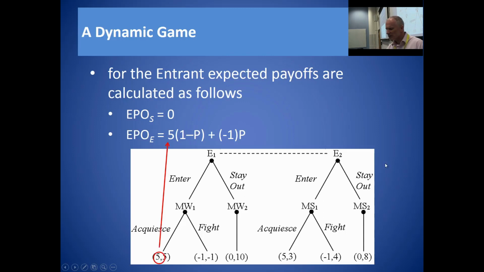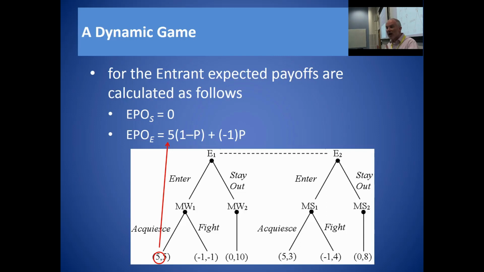Why is that the expected payoff of entering the market? Well, if the entrant enters the market, we've got two games here. We've got this game here, where the monopolist is weak. We've got this game here, where the monopolist is strong. Now, if the entrant enters the market and the monopolist is weak, what did we say the monopolist would do?